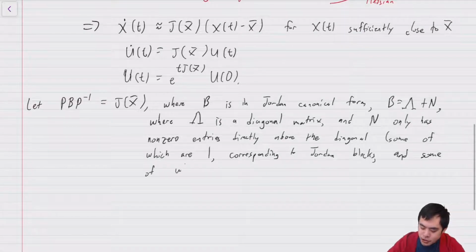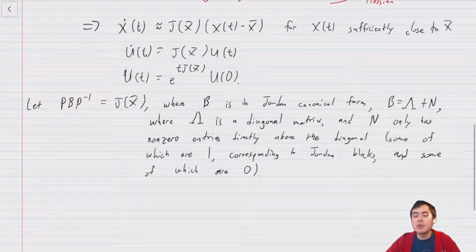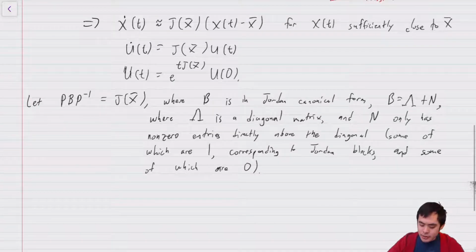So note that this is not quite the usual N matrix for a single Jordan block, but this is the N matrix for all the Jordan blocks put together. However, it is still nilpotent, which is important.